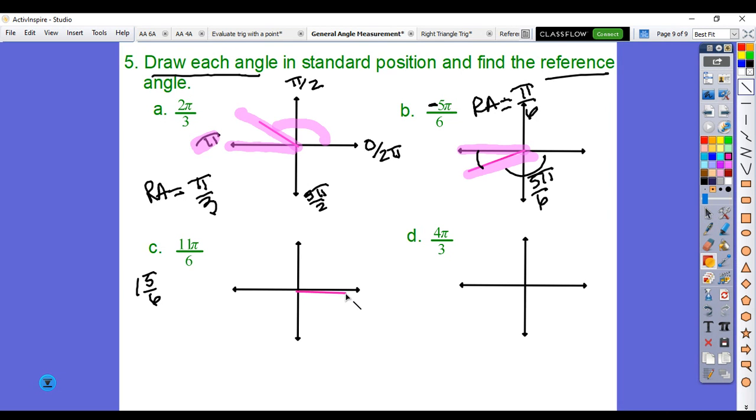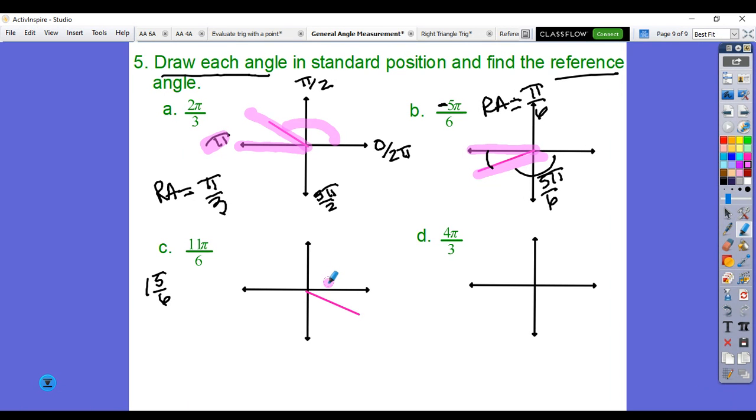All right, so I'm starting at 0. I'm going over to 1 pi. I'm going past 1.5, but I can't go all the way around. That'd be 2. 1 and 5/6 is almost 2. So I'm going all the way around and almost to a whole circle.